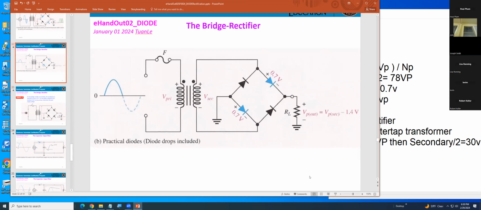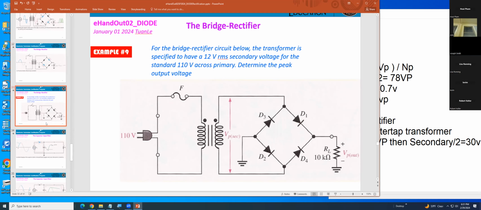Here, V peak out equals V peak secondary minus 1.4. The 12 volt RMS, okay, that's the V secondary.